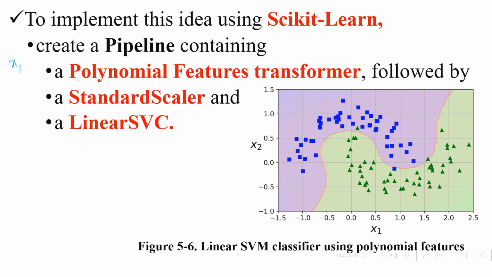Suppose we have only one feature, then create a new feature based on the existing feature, that is x2 equals x1 squared. This is called a polynomial feature transformer. Then apply the standard scaler, then apply linear support vector classification. All these steps are called one pipeline. The pipeline contains a sequence of steps you carry forward one by one.